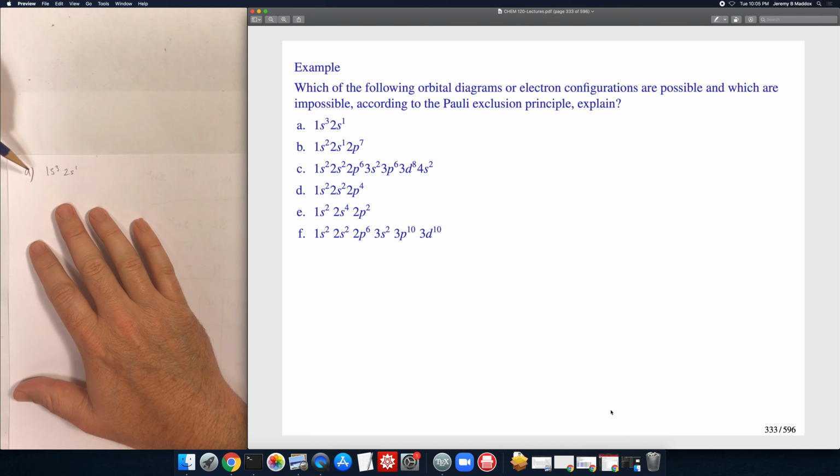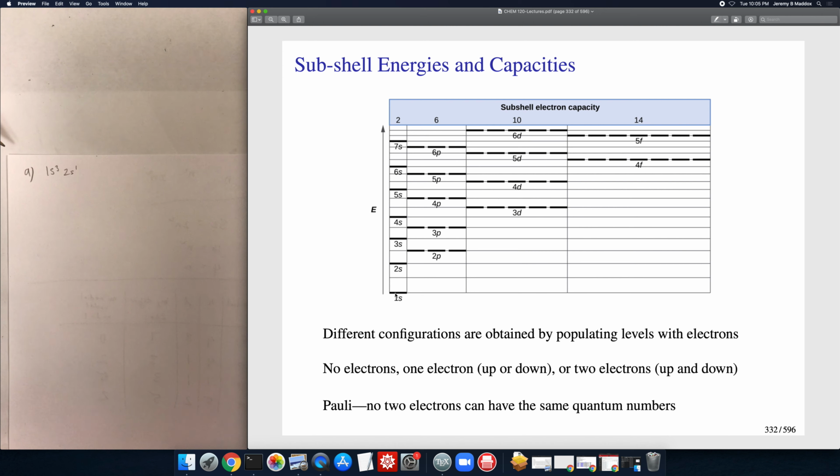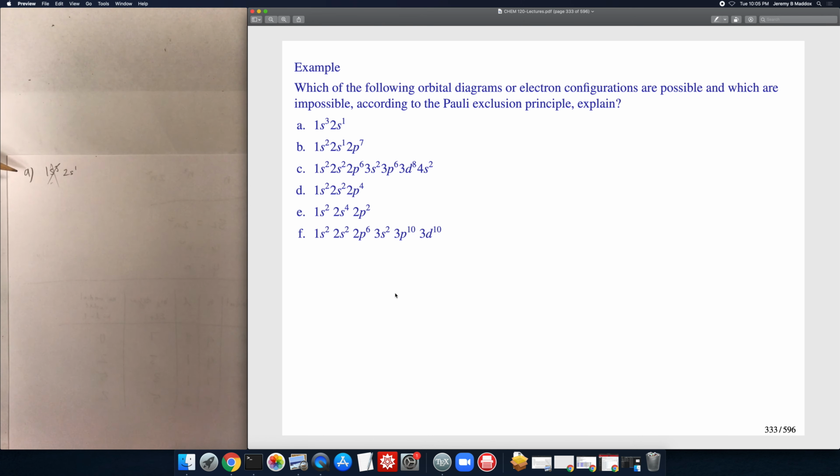Is this an allowed electronic configuration? A 1s orbital can only hold at most 2 electrons, and this configuration suggests there are 3 electrons in that orbital. So this is not allowed. You can't have 3 electrons in a 1s orbital.